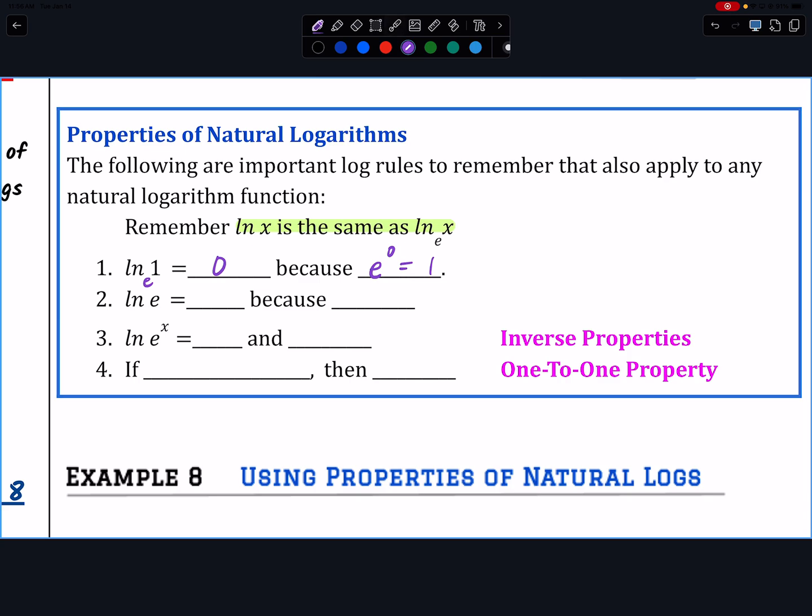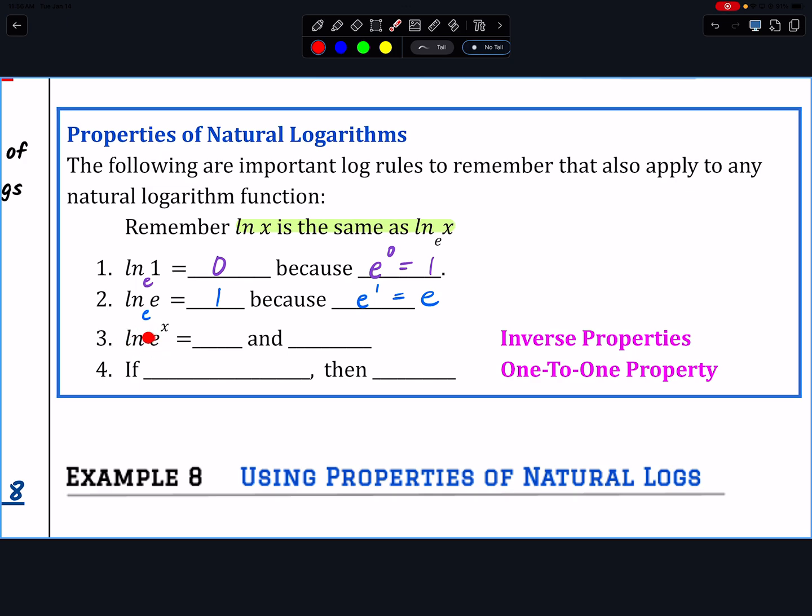Okay. The ln of e, so e to what power would give me e back? 1. That's because e to the first power is just e. Okay. ln of e to the x. What's the relationship between natural log and e?